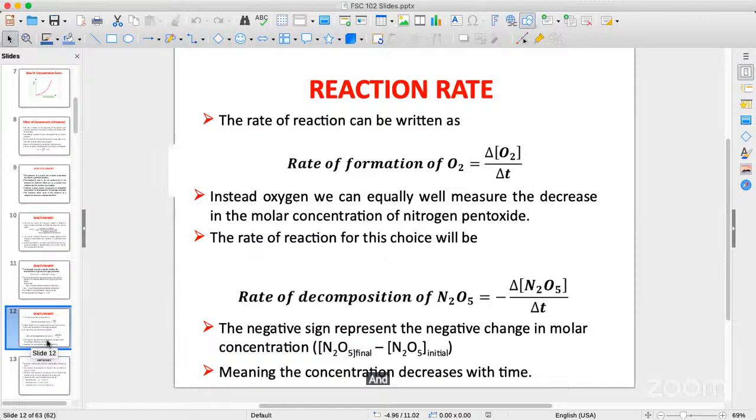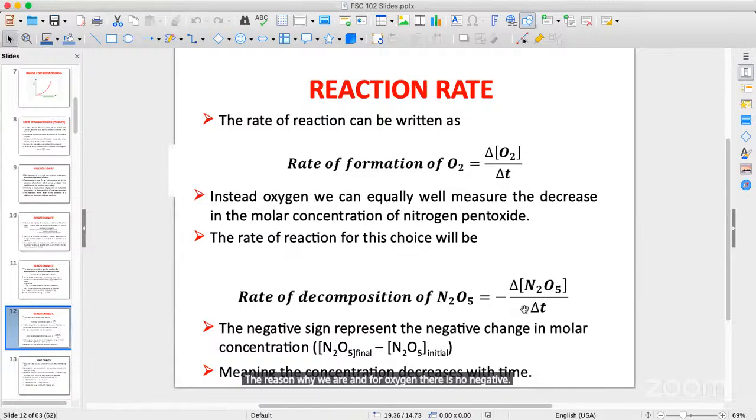And like I said earlier, instead of using oxygen, you can use your N2O5. But in this case, there's something I forgot to say. You can see that for your N2O5, there is a negative, and for oxygen, there is no negative.